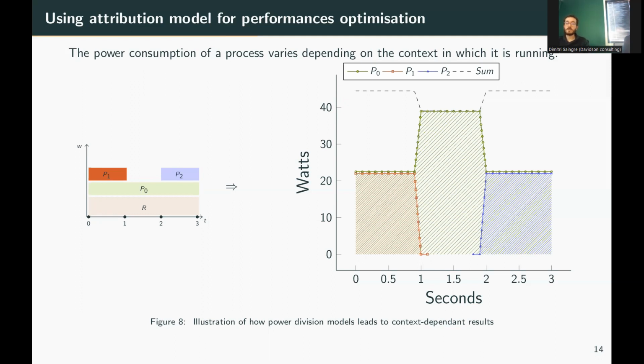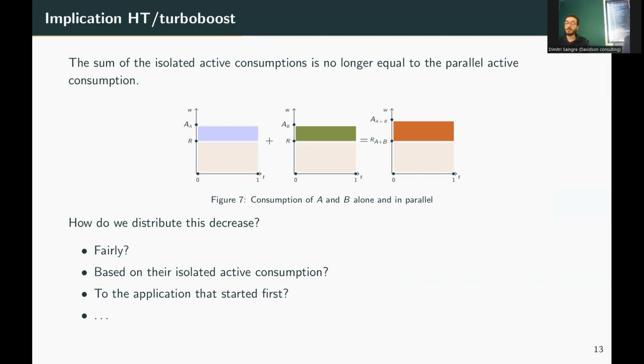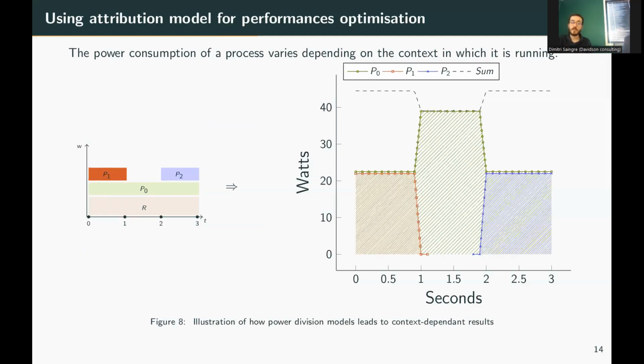This is because of what we explained before: the server is more energy efficient when it's loaded. And even though process 0 is a stable process, like a stress function, for example, the energy consumption is not stable just because of the context.